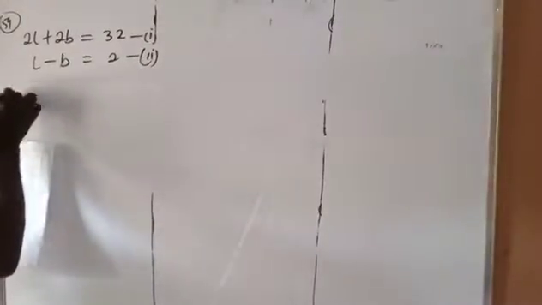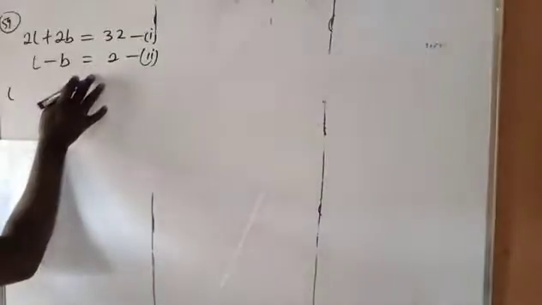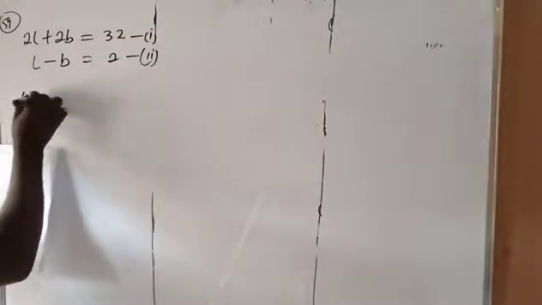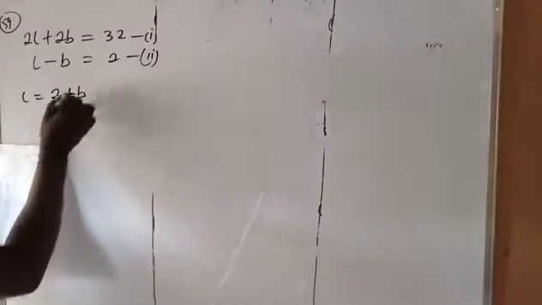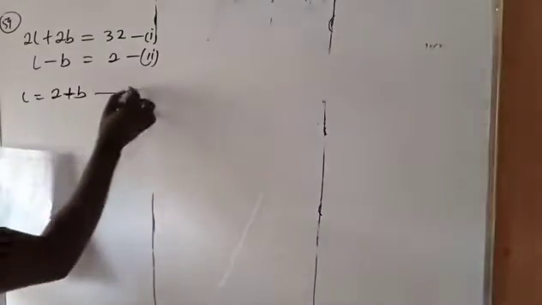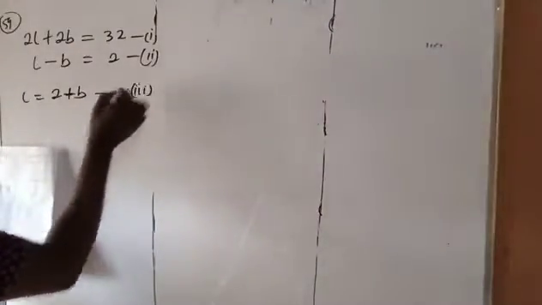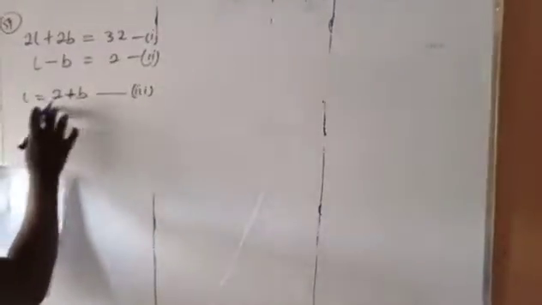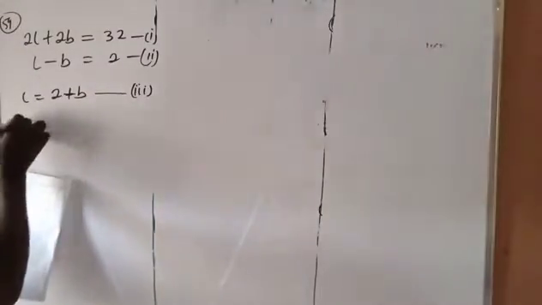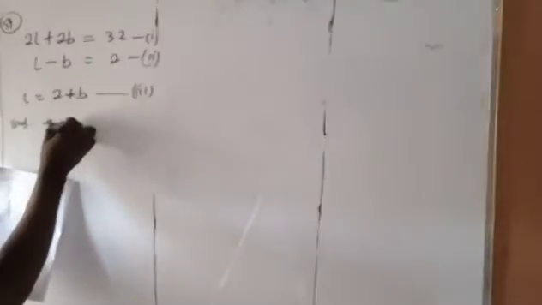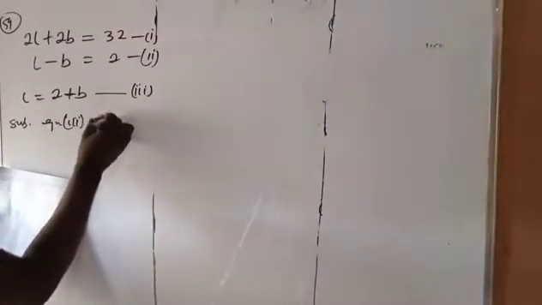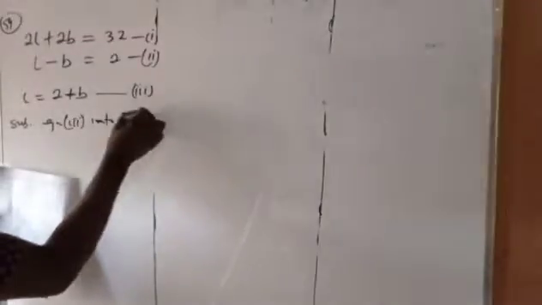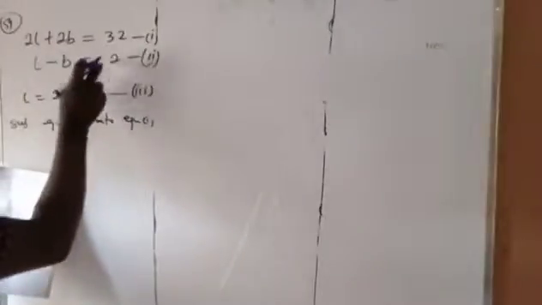So make L the subject of formula in equation 2. That means L will be equal to 2 plus B. So this will be equation 3. We can then substitute equation 3 into equation 1, because we made equation 3 from equation 2.